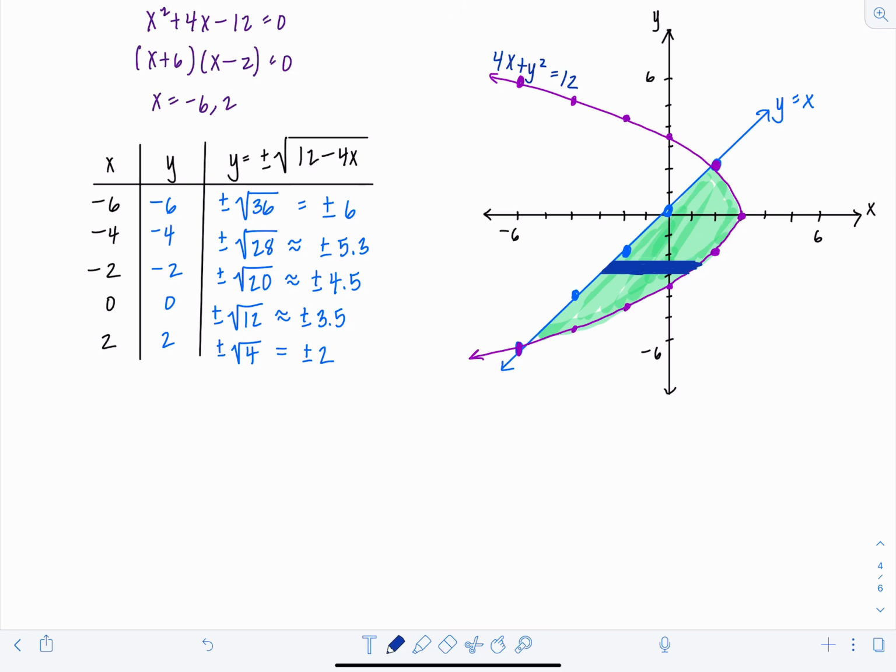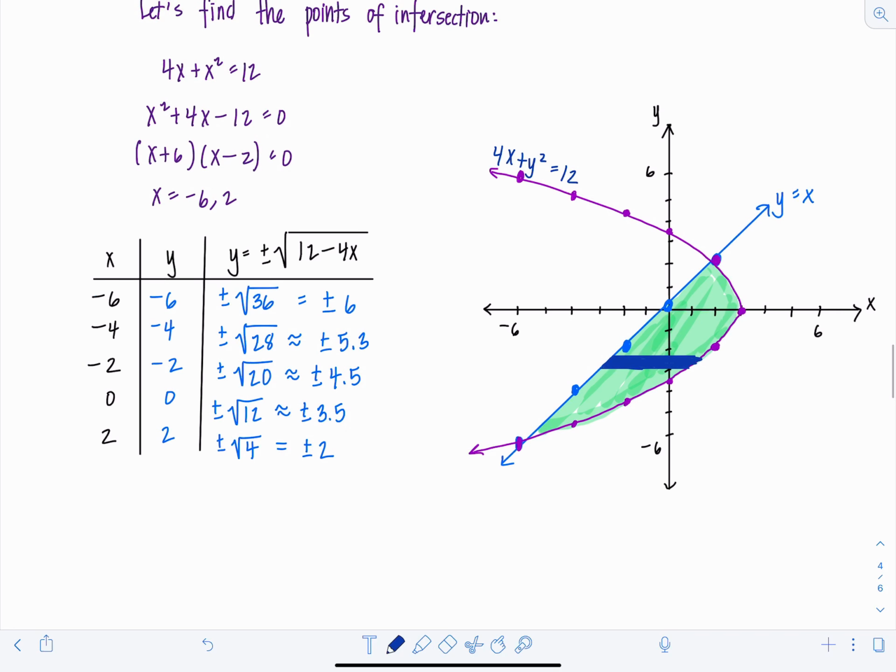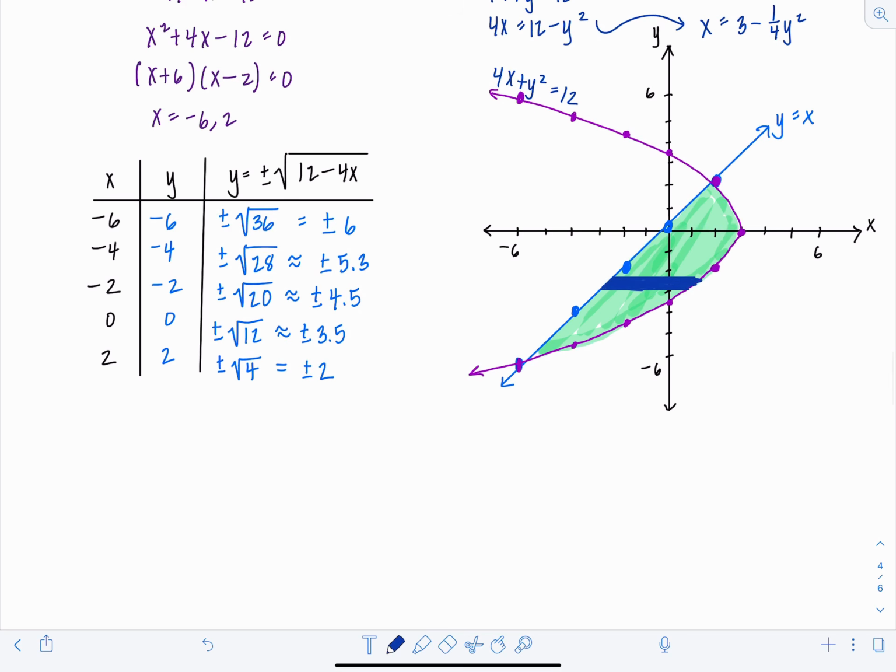So what I want to do is rewrite the equation for the parabola so that I isolate x in terms of y. So 4x plus y squared equals 12. I'm going to write that as 4x equals 12 minus y squared, which means I have x equals 3 minus 1/4 y squared. Okay, so now let's go ahead and label this rectangle, our typical rectangle.